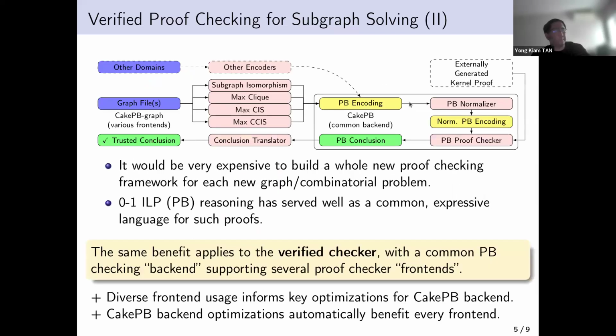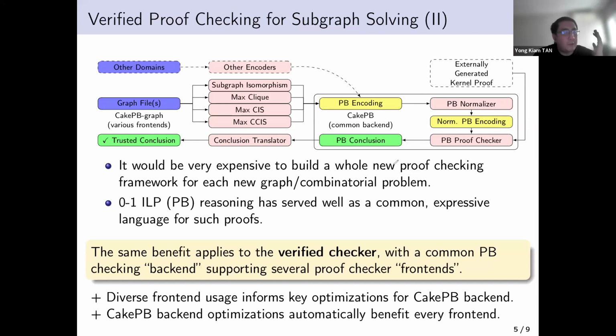Right. So now, I think one of the things that makes VeryPB or the pseudo-Boolean proofs a very interesting target for formal verification is closely related to the fact that it has been used to build proof checking pipelines for many combinatorial paradigms.